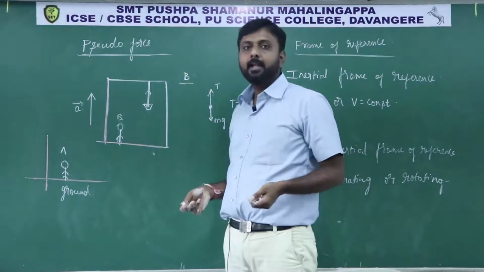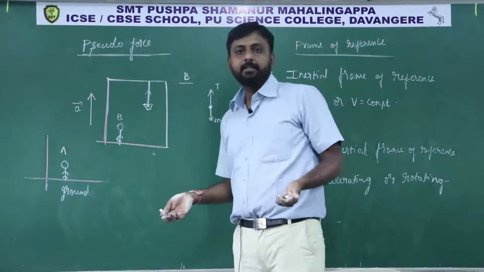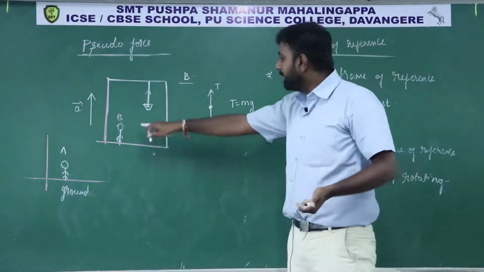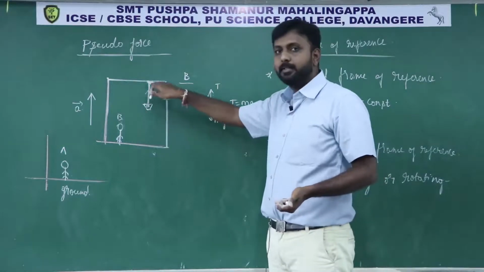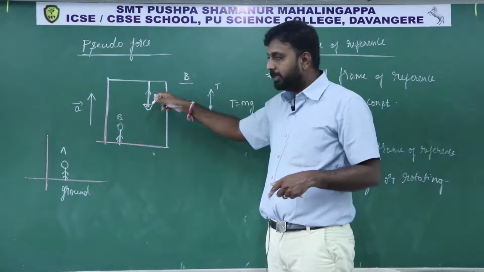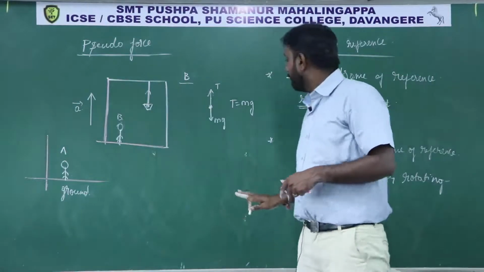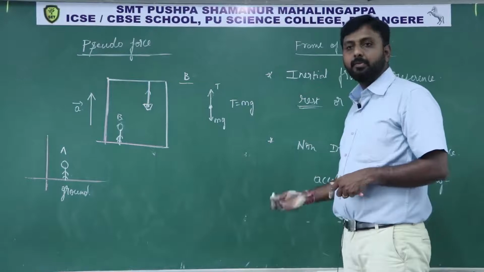So if you change the frame of reference, definitely the situation also changes, isn't it? For the person inside, this is at rest, it is not accelerating. All the time he is observing the position here only. So according to him, T is equal to m into g.